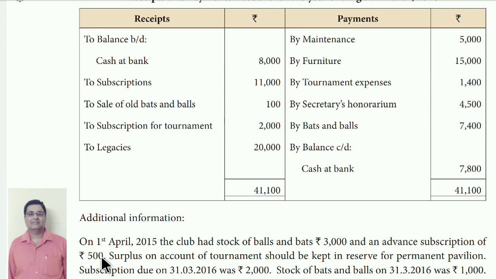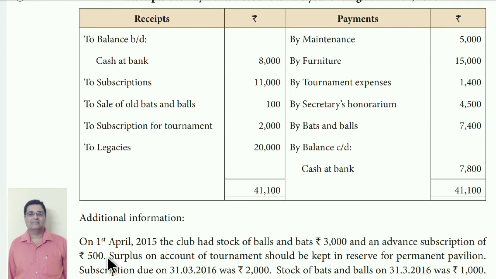Then this 500 rupees is the current year subscription. So this 500 rupees will be added to the subscription. Subscription due rupees 2000. This 2000 rupees also we have to add.